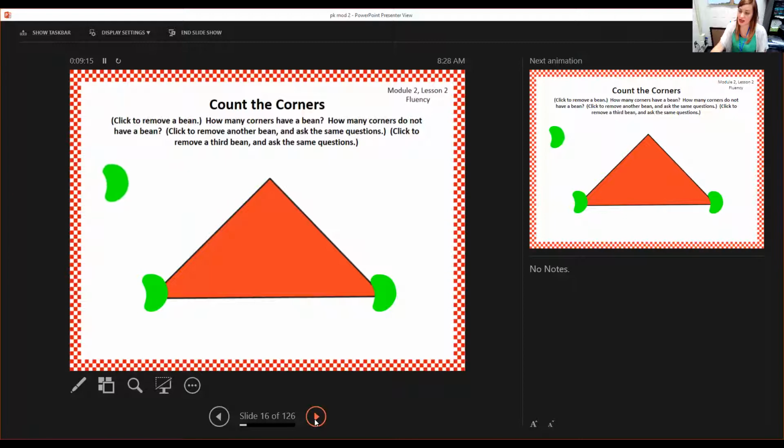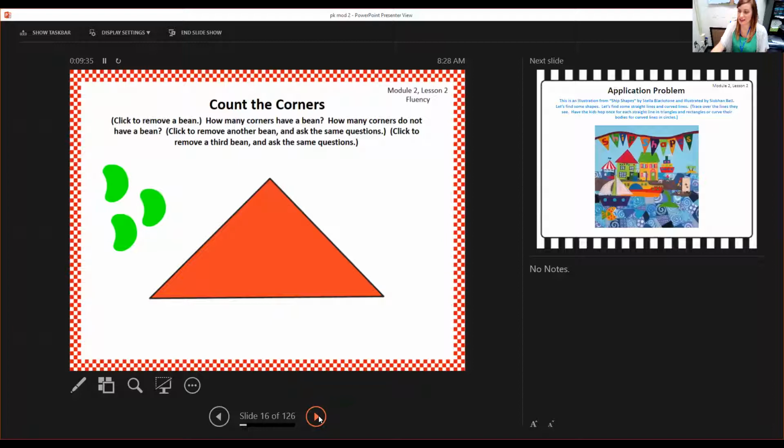If I take one away, how many corners have a bean? 1, 2. How many do not have a bean? 1. If I take another one away, how many corners have a bean now? 1. How many do not have a bean? 1, 2. How many corners have a bean now? None, so 0.